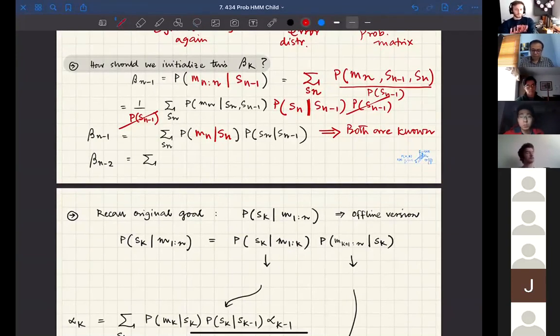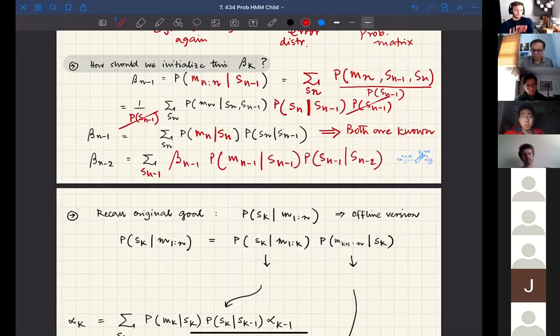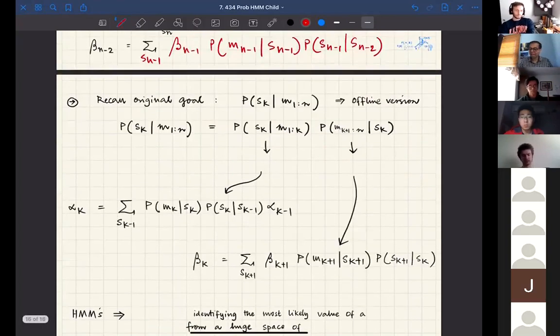So that is how we got this part, sigma over Sn, and then we have the term for n minus 2, sigma of Sn minus 1, beta n minus 1, P of Mn minus 1 given Sn minus 1 times P of Sn minus 1 given Sn minus 2. You are good to go from here. You can keep building up now. Beautiful. I really like hidden Markov models, the way it came together.